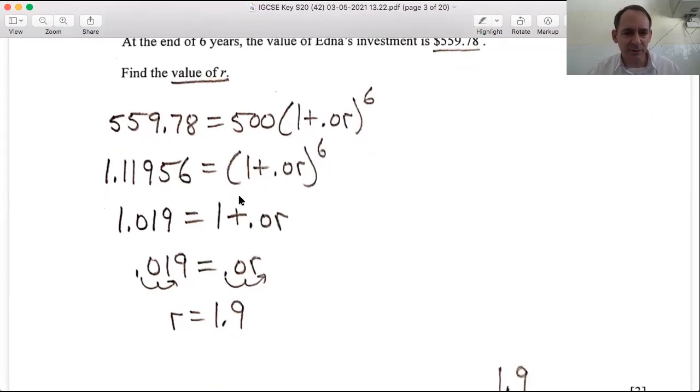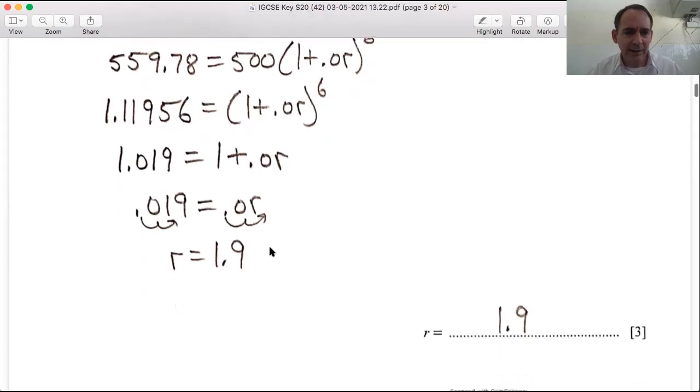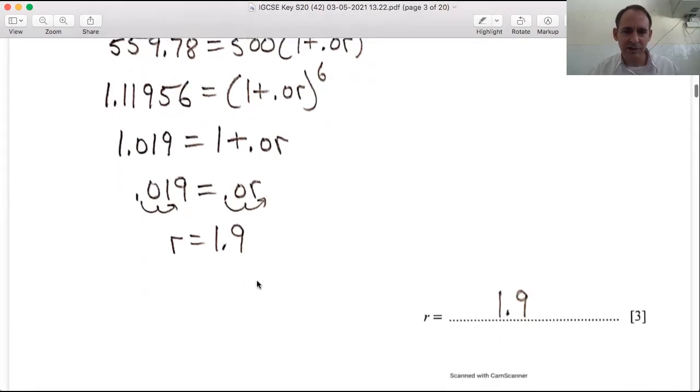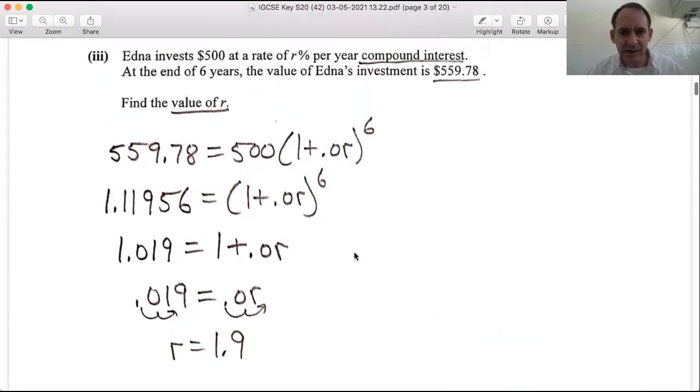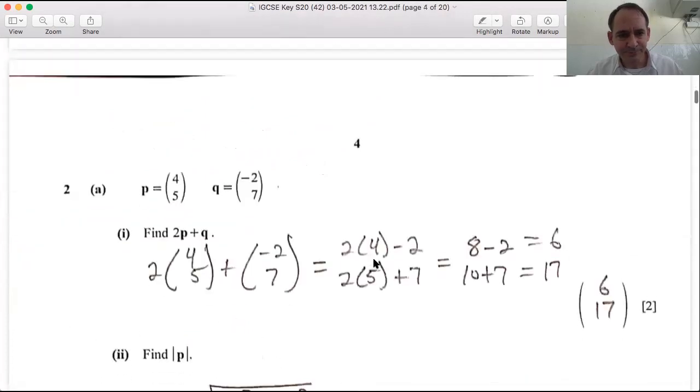So the 6th root gives you 1.019, then subtract 1, so you have 0.019. Move the decimal over twice so that you get your R, which is 1.9.